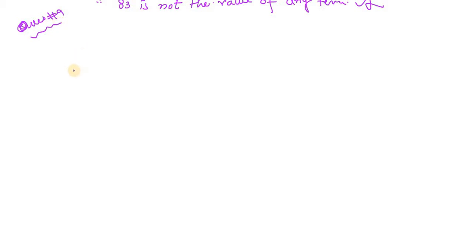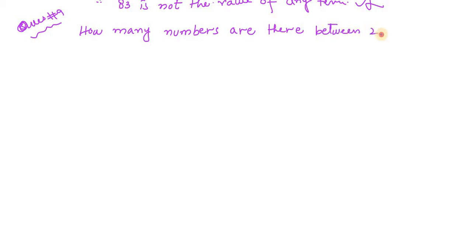So first we find the numbers that are divisible by 7 between 256 and 789.